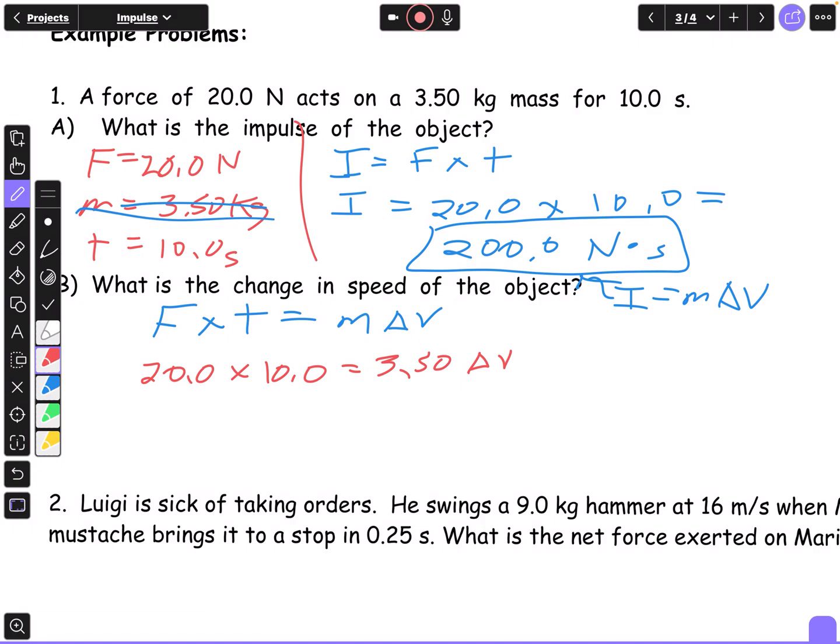If it would have asked me to solve for my final velocity, I would have written out VF minus VI and solved for VF. But it's not asking me for that. It's asking for the change in velocity. So delta V would be equal to, I want to divide both sides by 3.50. It's going to equal 20.0 times 10.0 divided by 3.50.